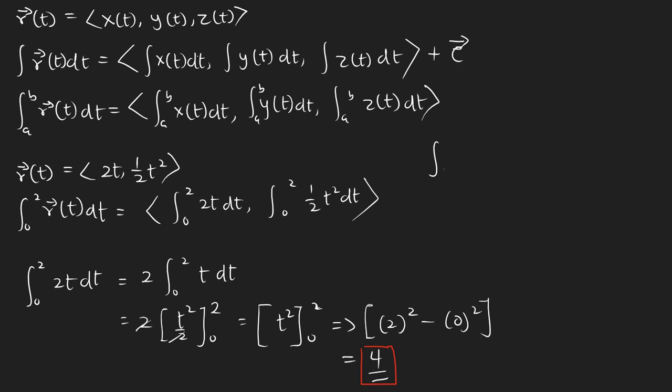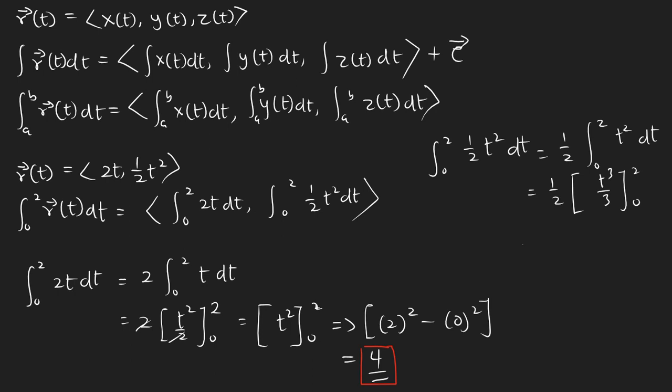So we are taking the integral from 0 to 2 for 1 over 2 t squared dt. I'll keep the 1 over 2 on the other side of the integral sign, then I'll integrate t squared. When I integrate t squared, that's going to give us t to the power 3 divided by 3, with the interval 0 to 2.